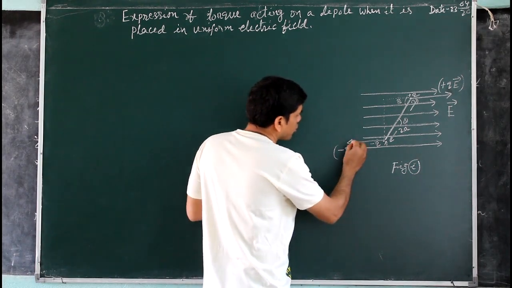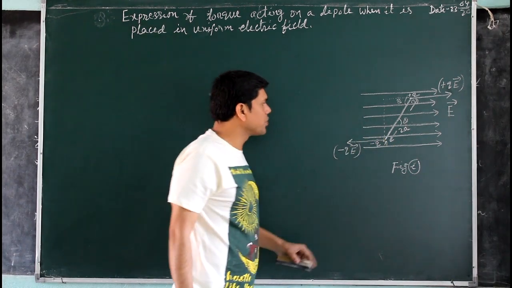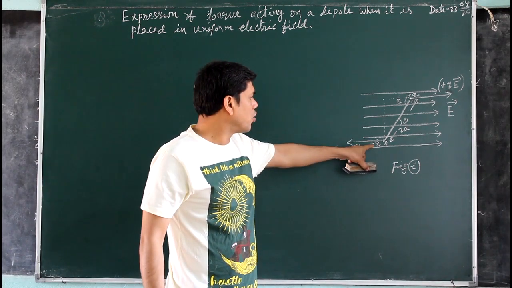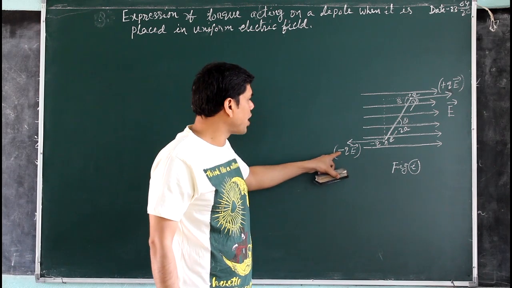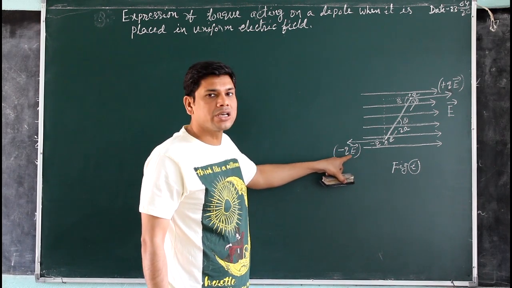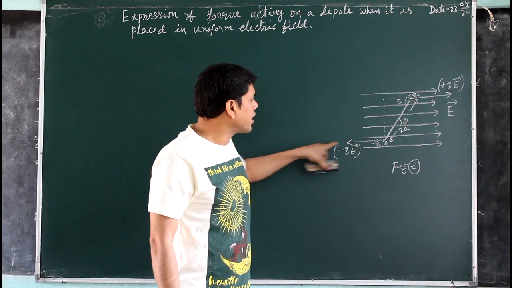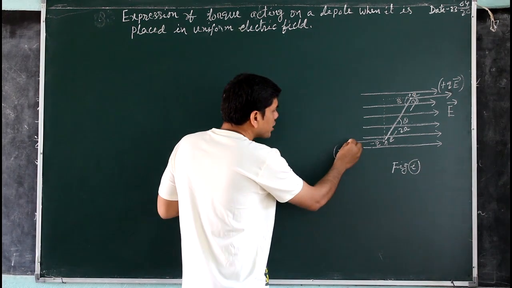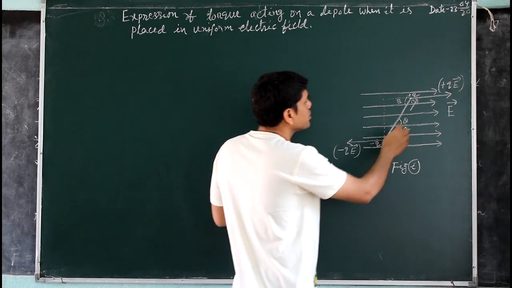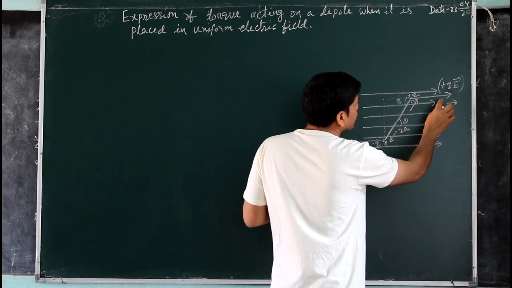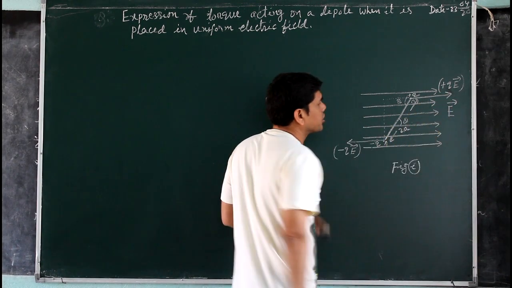Similarly, the force experienced by this dipole at A point where minus Q charge is present due to this electric field is denoted by minus QE. The direction of this electric force is along this direction, and the direction of this electrostatic force is along this direction.